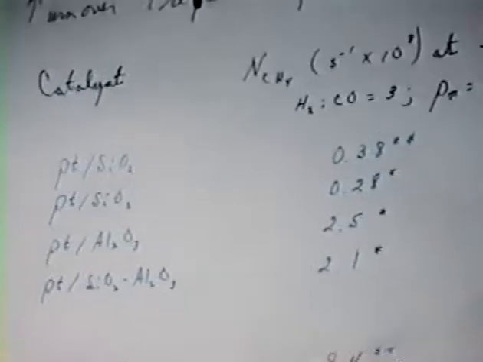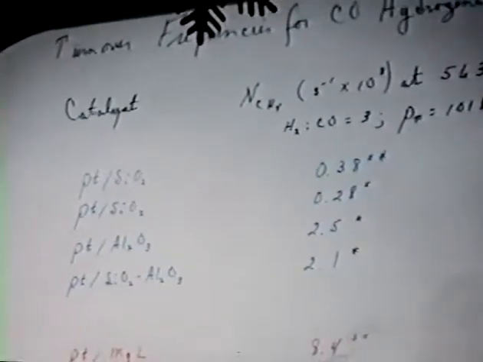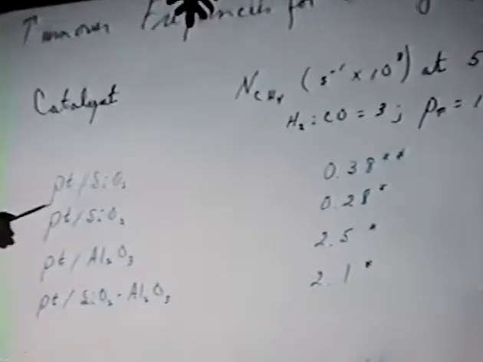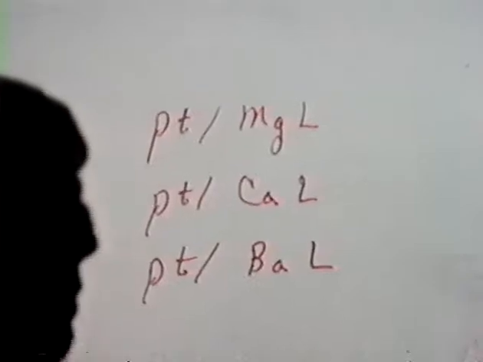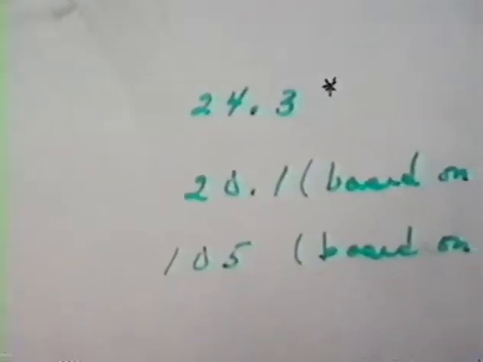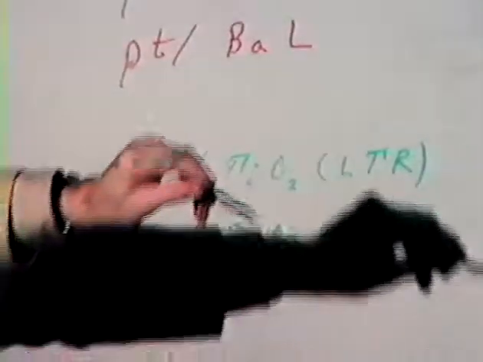Here what I'm doing is bracketing the CO hydrogenation frequencies on these three catalysts by more or less non-interacting supports, and what are supposed to be very interacting supports, platinum on TiO2, reduced at low or high temperatures. As you all know, these have very high methanation activities relative to something like silica, which is less than alumina, which is about the same as the silica alumina. And what you find is these basic supports fall somewhere in between these two.